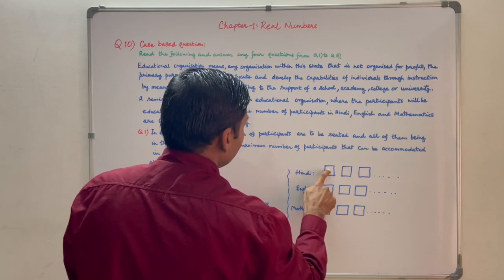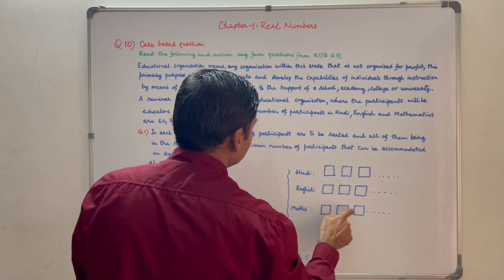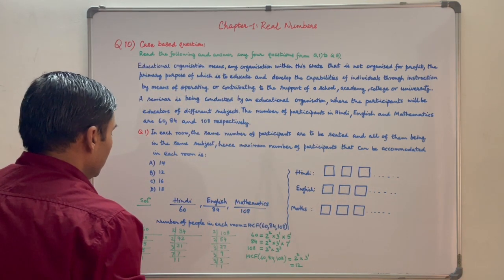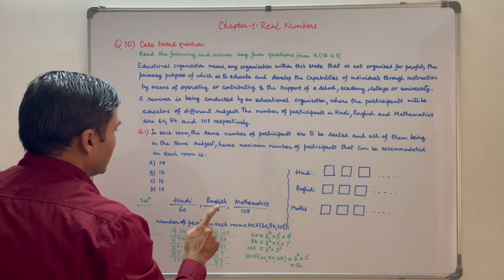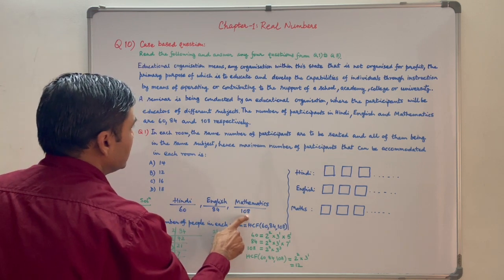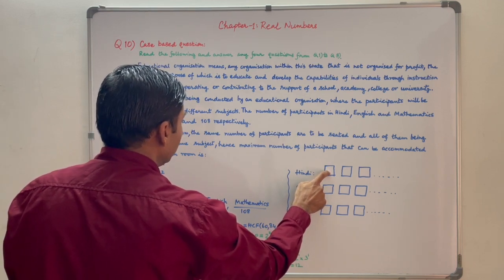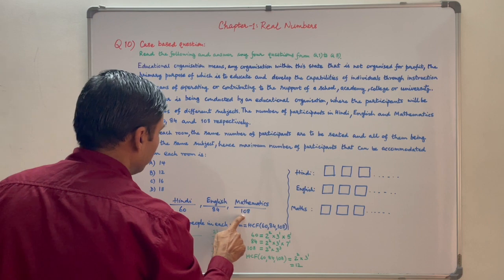So we need to figure out that number which is fixed for each of the rooms here. So we have to find out that number by taking the HCF of these numbers, because that number means capacity of each room is going to be less than each of these numbers.